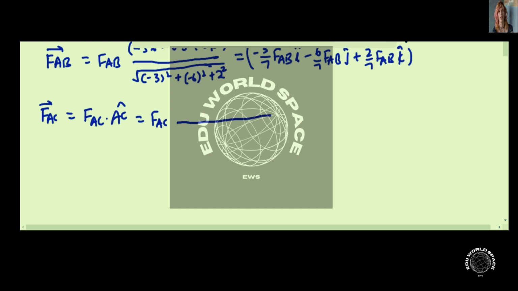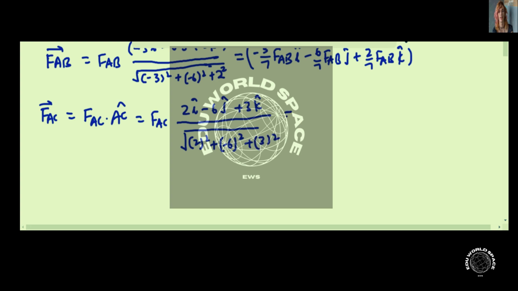Here I am writing directly, very easy concepts. So it will be 2i cap minus 6j cap plus 3k cap divided by its magnitude, square root of 2 squared plus minus 6 whole squared plus 3 whole squared.